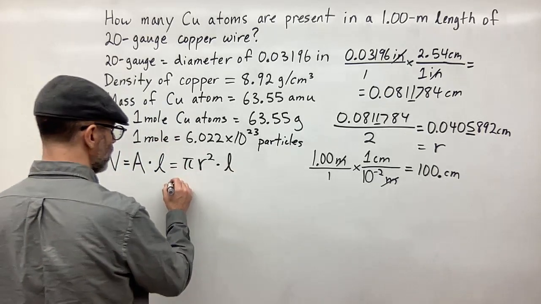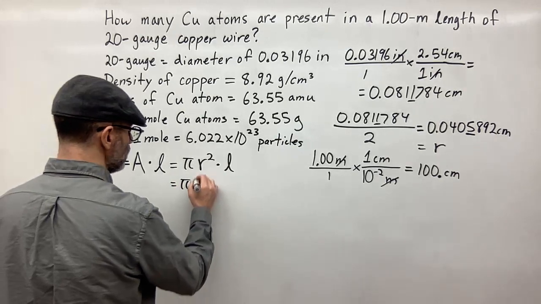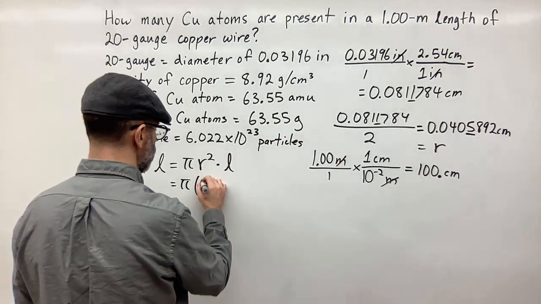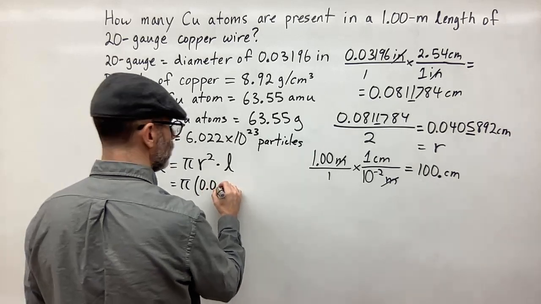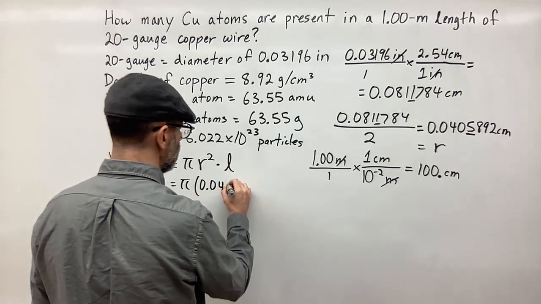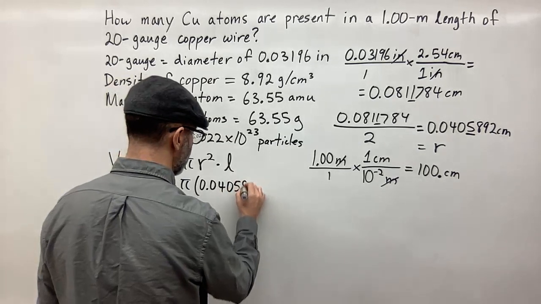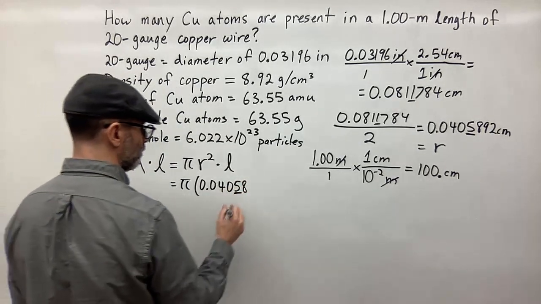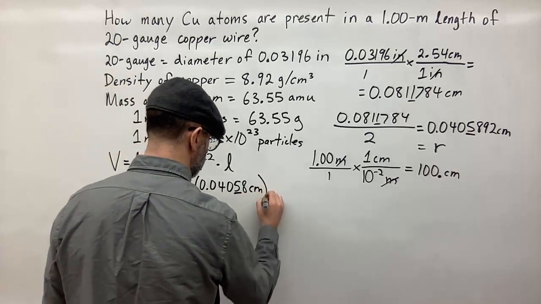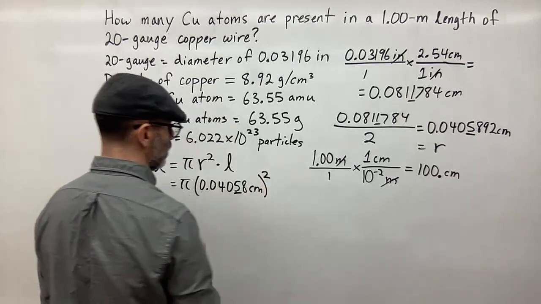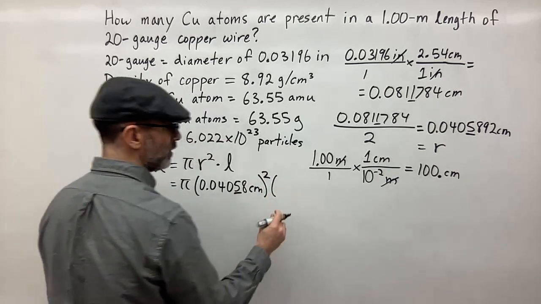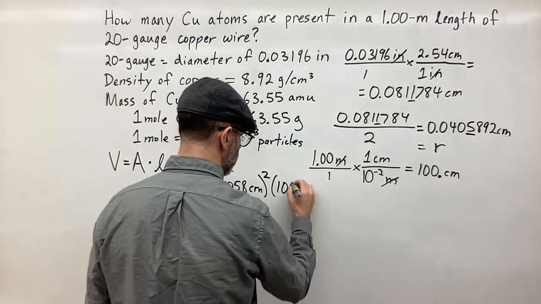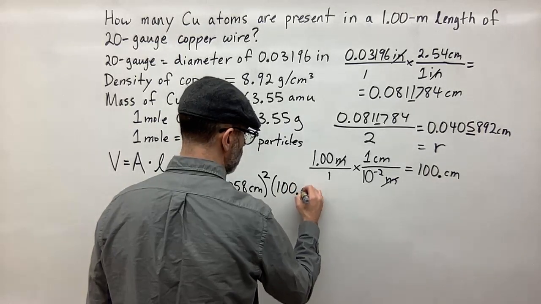So that's going to be equal to pi times r squared times the length, which is going to be pi times 0.04058. I'll stop at the 8. So remember, the 5 is my last significant digit. And this is going to be squared, multiplied by the length, which is 100 centimeters.